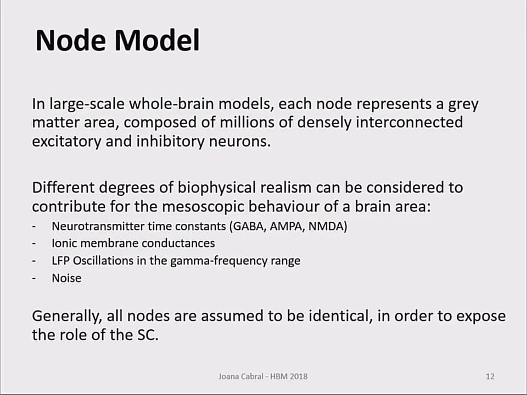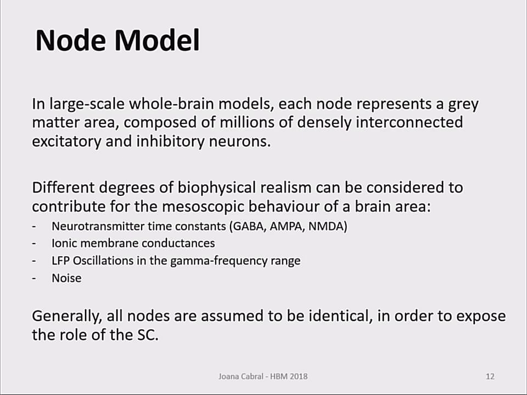So for that, these densely interconnected networks are composed of excitatory and inhibitory neurons. And it's known, for example, that the negative feedback from inhibitory neurons to excitatory neurons can drive oscillations, can have specific dynamical regimes. So this can be reduced to a set of equations that describe the mesoscopic dynamics of a single brain area.